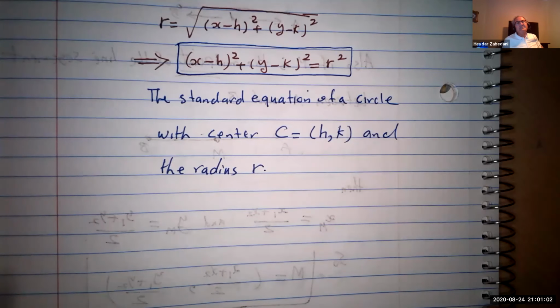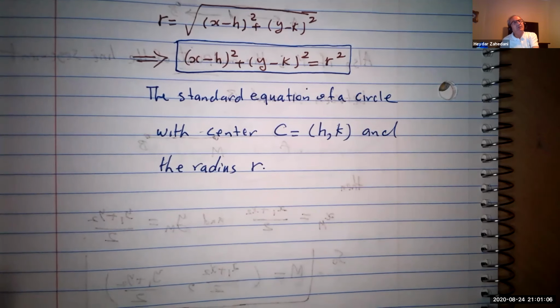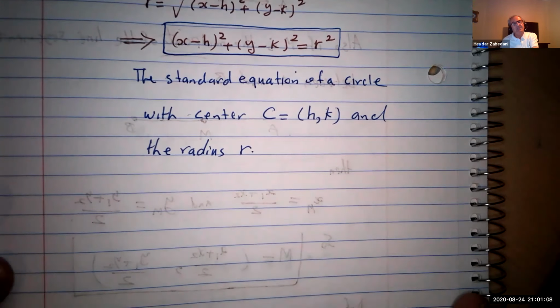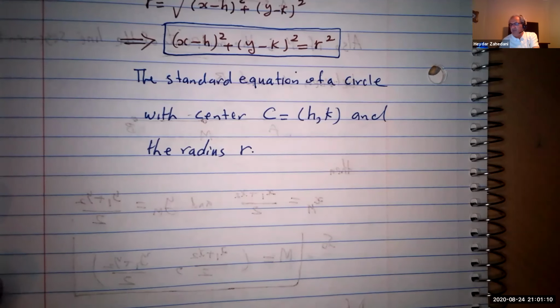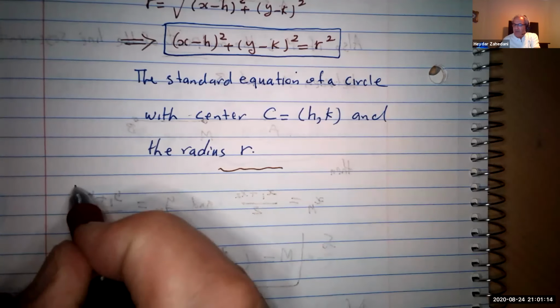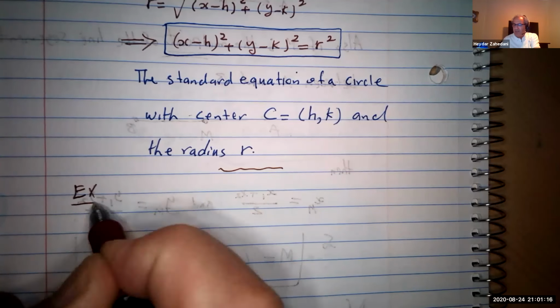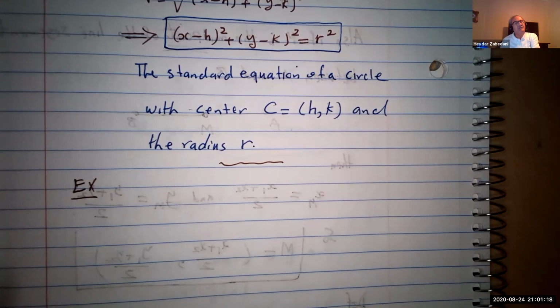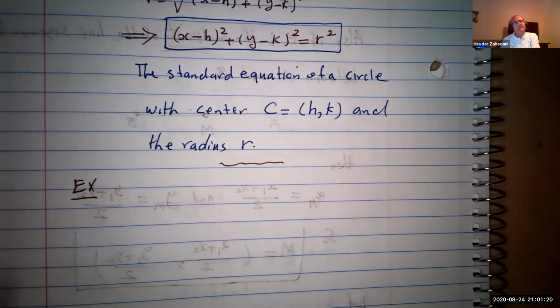There are 3 problems from the circle that you have to know. We give all of them on your first quiz and on the first test. Are you ready? Problem number 1 would be straightforward. The equation of a circle would be given, and we ask you for the center and the radius.